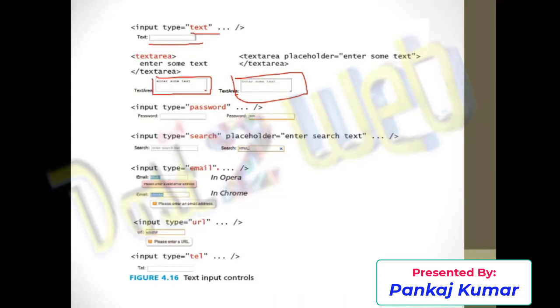When you give the email ID, if you give only some name, in the Opera browser it will show you like this. When you use Google Chrome, it will say please enter an email address. The same way with URL, if you are writing something, it will tell you to please enter the URL. This is the difference between all the text input controls.